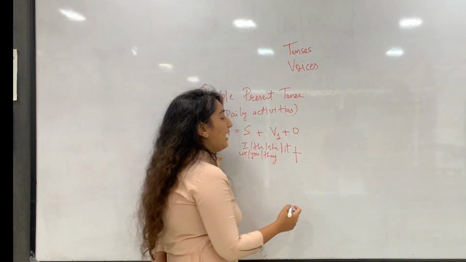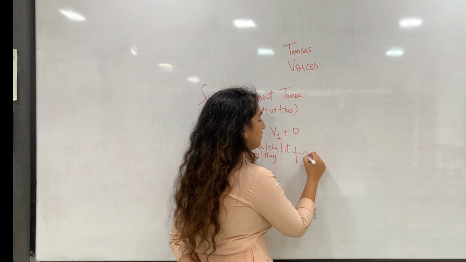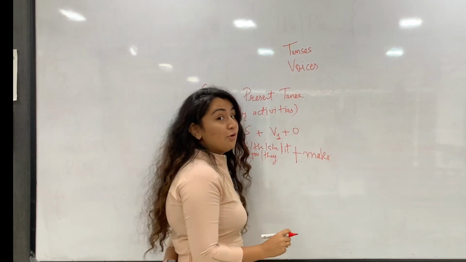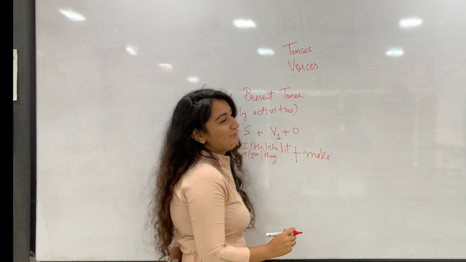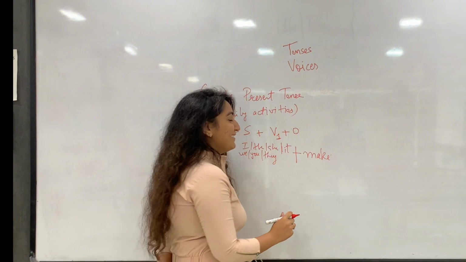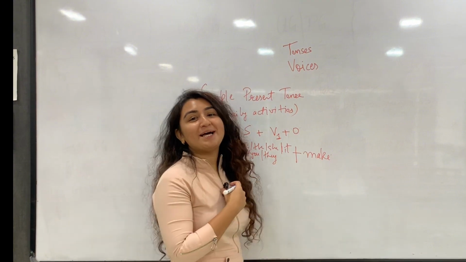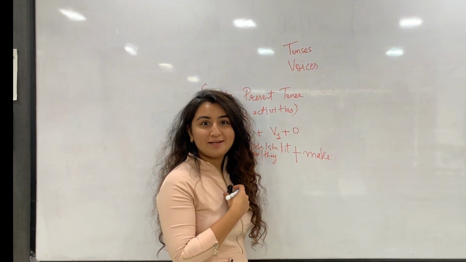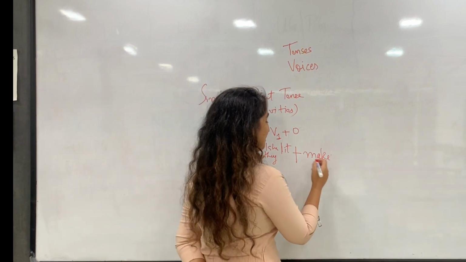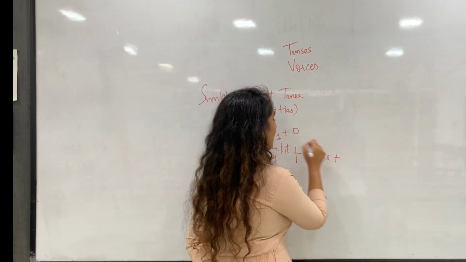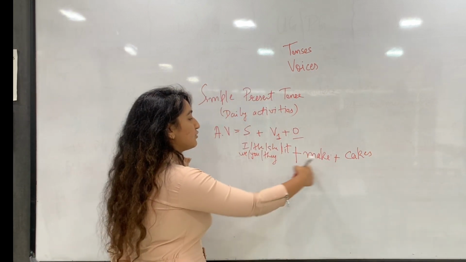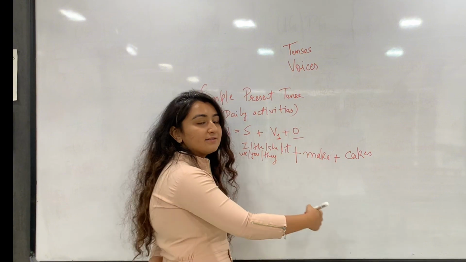For example, I make cakes. For example, if I am a boulanger, I hope you know what is a boulanger. Oh, sorry, who is a boulanger? So, okay, for example, I am a boulanger. I have my own patisserie. So, I make, and object would be cakes. So, this would be my sentence.